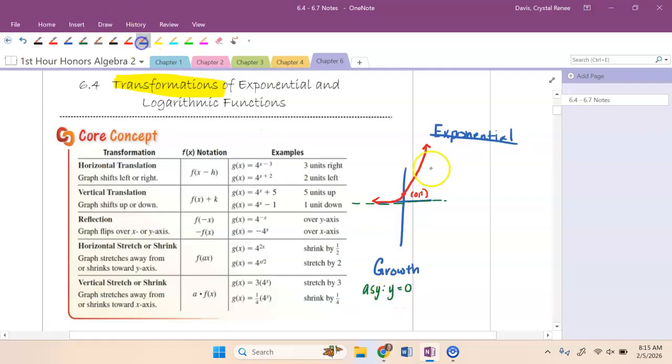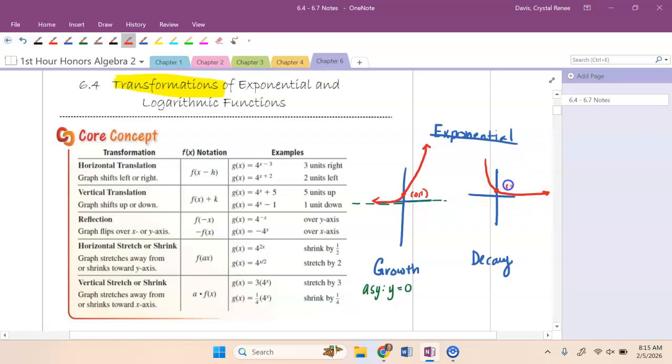Now exponential decay. Same concept, but this time we're going down, down, down. We cross once again at (0, 1), and then we ride this line forever.